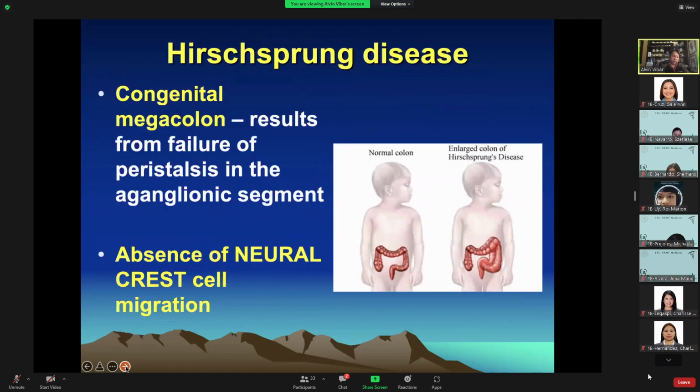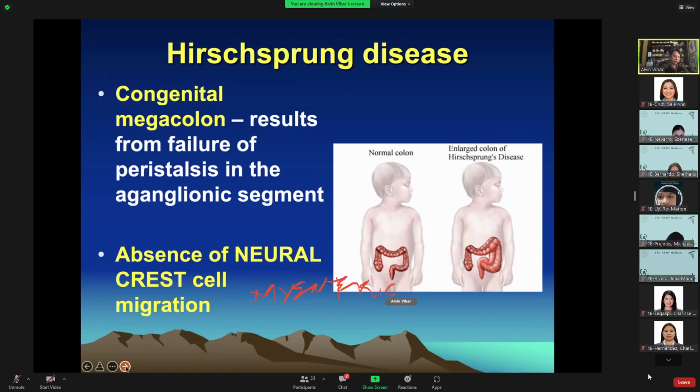Okay, again, you have to go back to this clinical entity, congenital anomaly Hirschsprung disease, otherwise known as congenital megacolon. There's absence of neural crest cell migration in the abnormal segment. Neural crest will give rise to plexuses. What are the important plexuses to remember for the GIT?